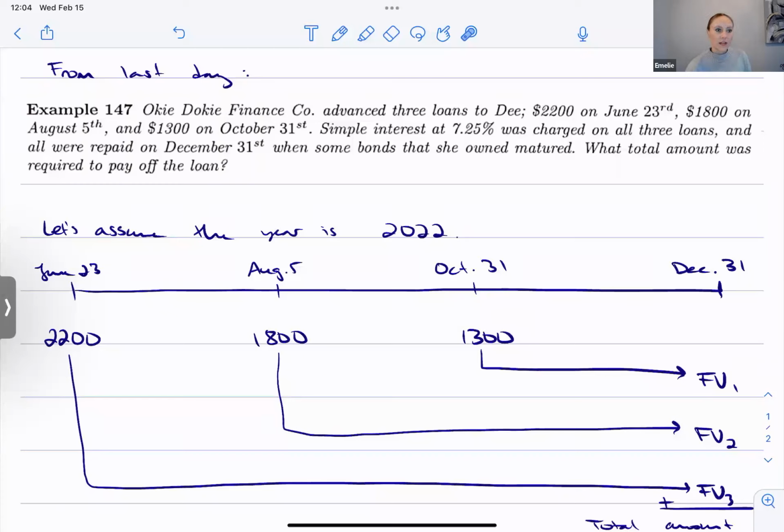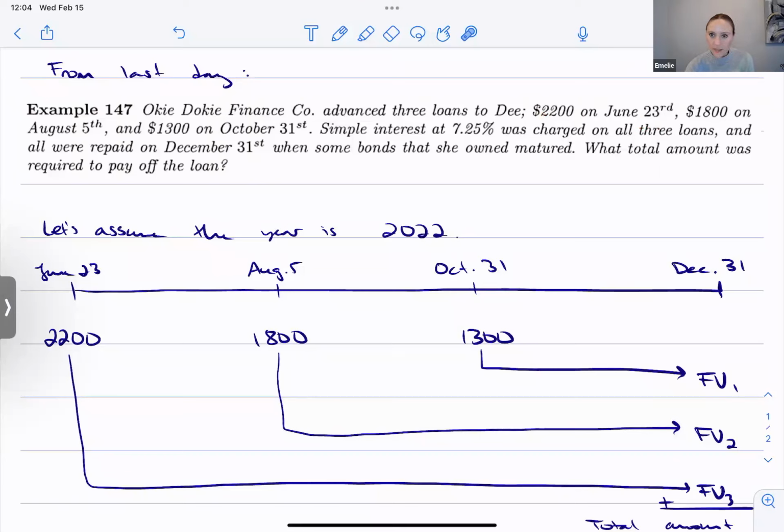So Okie Dokie Finance Company advanced 3 loans to D, $2,200 on June 23rd, and there's no year. So what we said was, let's just pick a year, 2022, that's fine. In most questions, you'll be given a year, so then you'll need to be able to work with that.